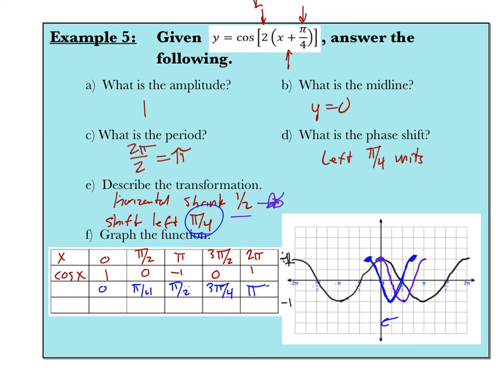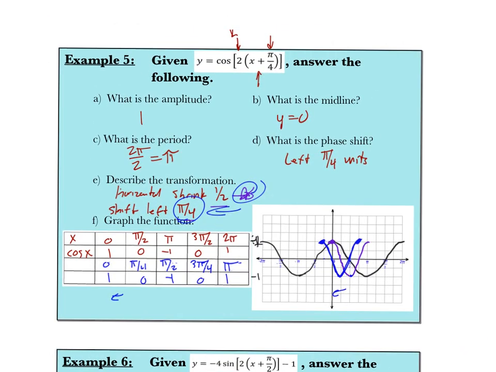And my new points become 1, 0, negative 1, 0, 1. And then I'm going to shift everything back. So that's where I end up. I took my original, then I shrunk it by 1/2, and then I moved it left. That's about as hard as moving it left and right is going to get.